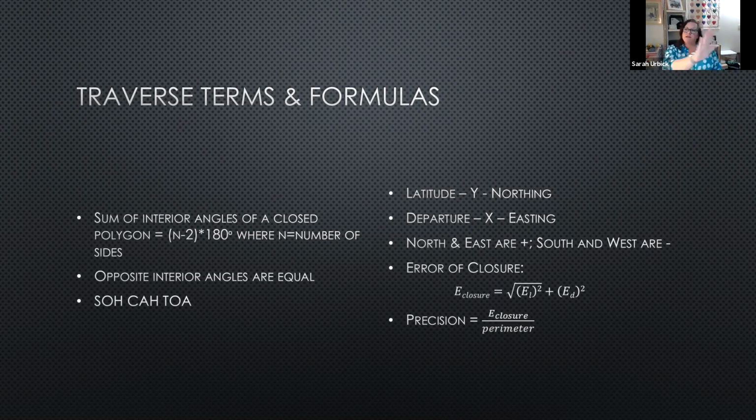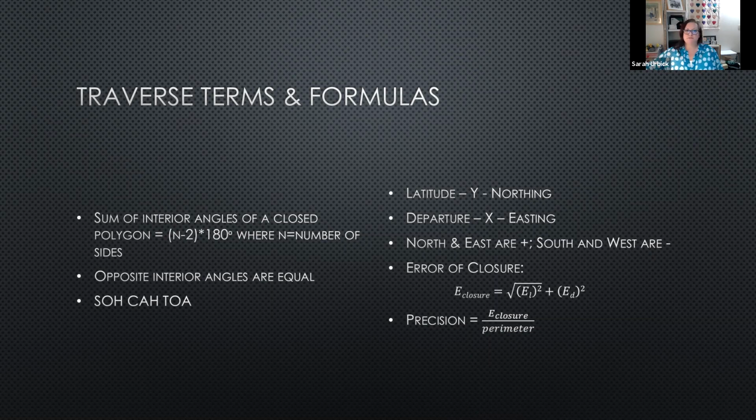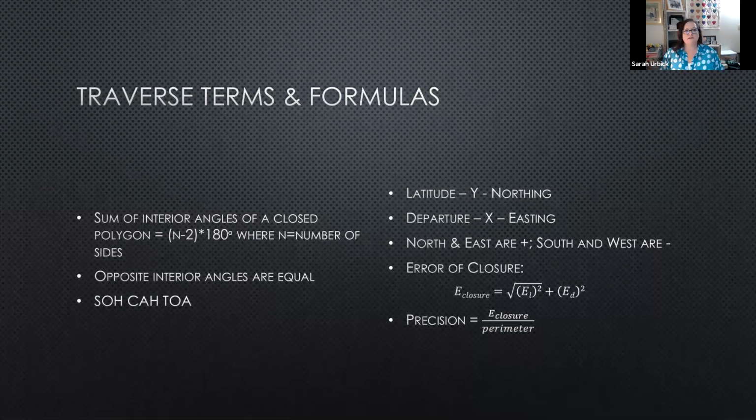Anything on the right side of my north-south coordinate system, my compass points, is a positive in terms of my x coordinates. Anything on the left-hand side, going west, is going to be a negative, just like my x coordinate system. Same thing with north and south. North is positive, south is negative. So that's something to keep an eye on.